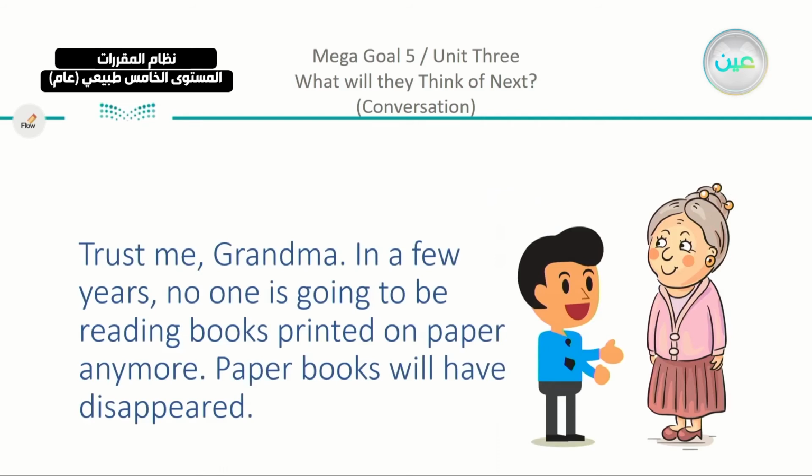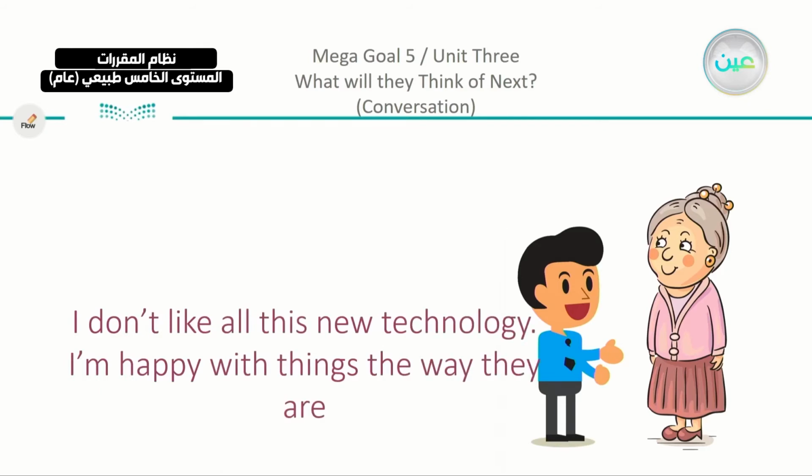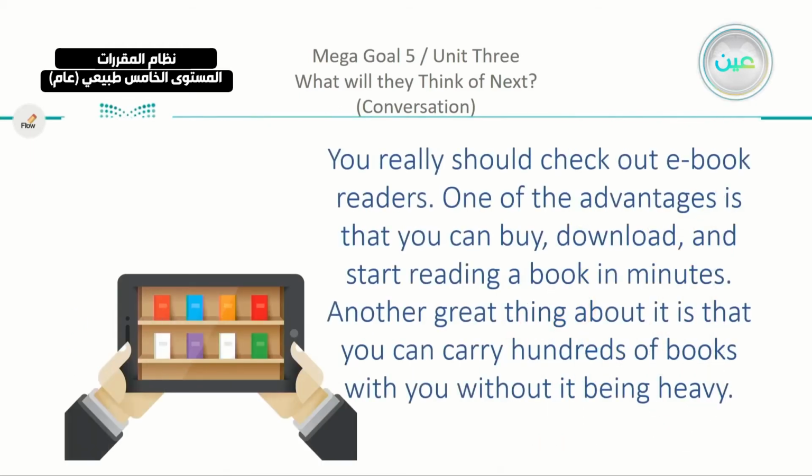Trust me, Grandma, in a few years, no one is going to be reading books printed on paper anymore. Paper books will have disappeared. I don't like all this new technology. I'm happy with things the way they are. You really should check out e-book readers. One of the advantages is that you can buy, download, and start reading a book in minutes. Another great thing about it is that you can carry hundreds of books with you without it being heavy.